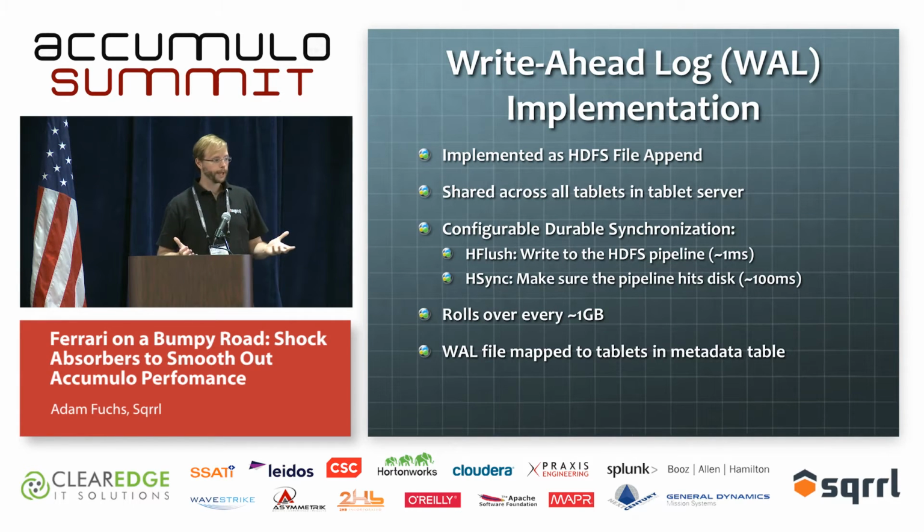The other thing we do with write-ahead logs is we want to be able to garbage collect them. Right? As soon as we've done that minor compaction operation, taking what we had in the in-memory map and writing it to disk, we no longer need the mutations in the write-ahead log that were associated with that. So we roll over write-ahead logs every gigabyte or so. It's configurable. And when write-ahead logs no longer reference data that's in the in-memory map, we can get rid of them. We just delete them.